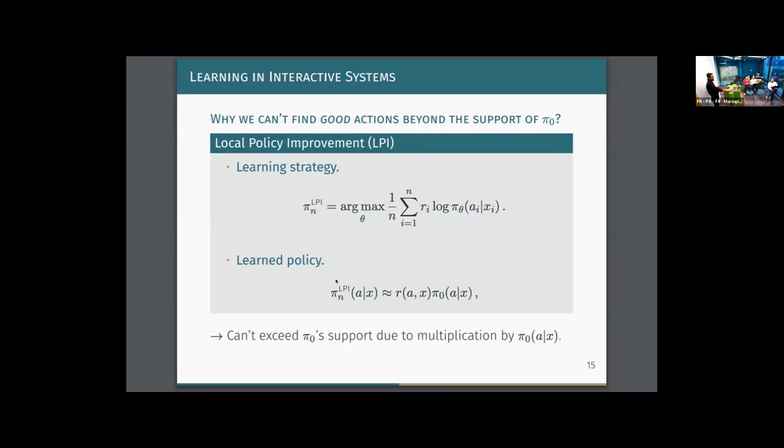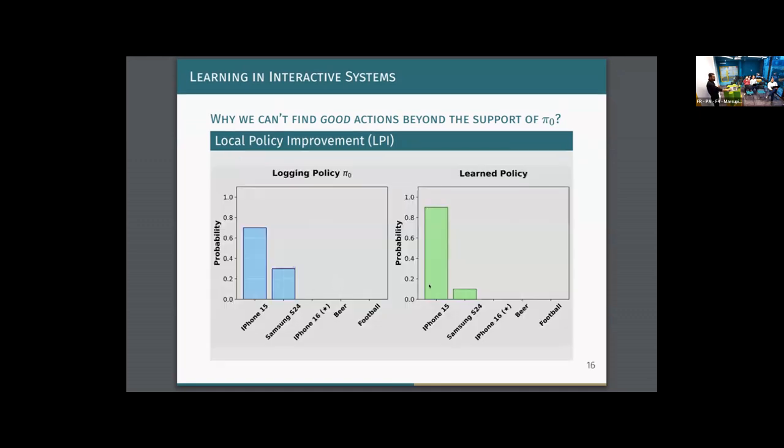What this one does is, instead of focusing only on one action, on one product, it just gives a little bit more mass to iPhone 15, but we still have some probability on Samsung S24.